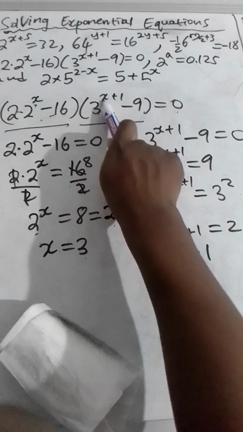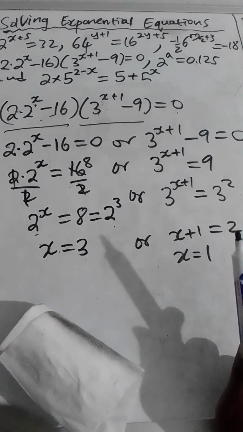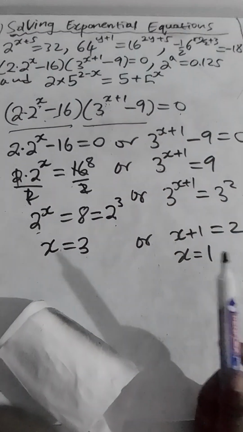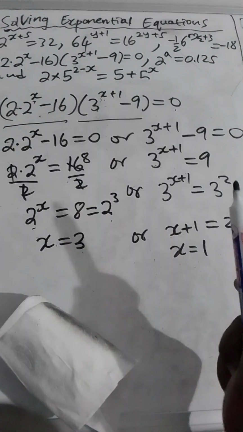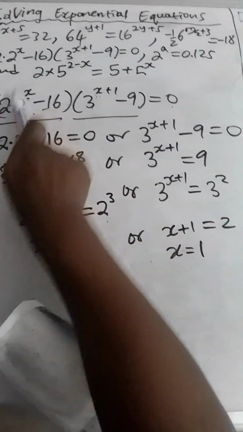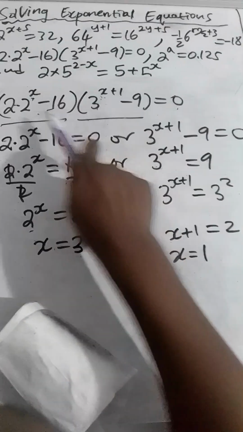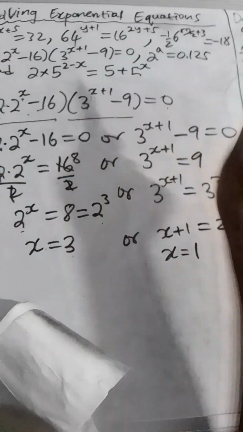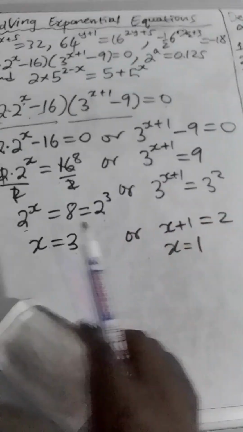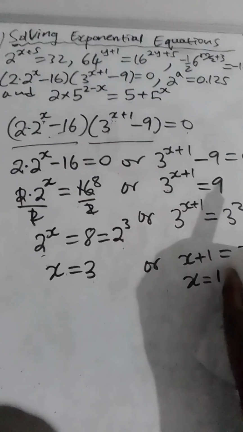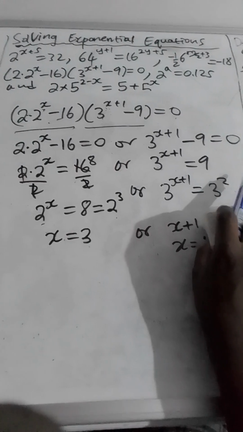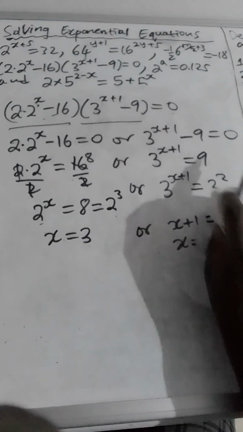But if you put the 1 here, you get 3 to the exponent 1 plus 1, which is 3 to the exponent 2, which is 9. Minus 9 is 0. So even though you have negative 12 here, here you have 0. Again, negative 12 times 0 is 0. So the answers are both correct. The solution is x equals 3 or x equals 1.